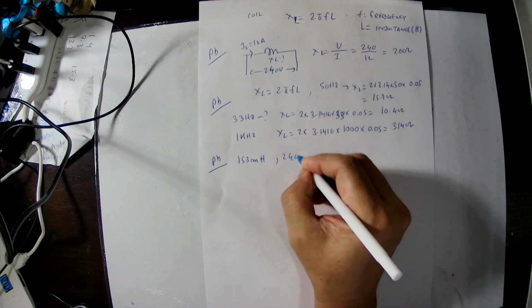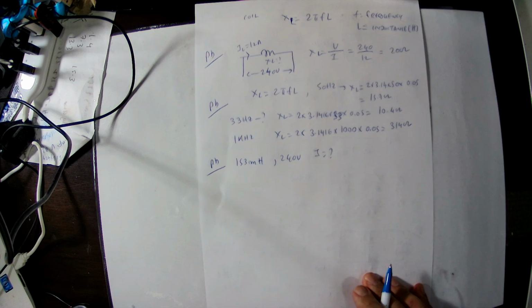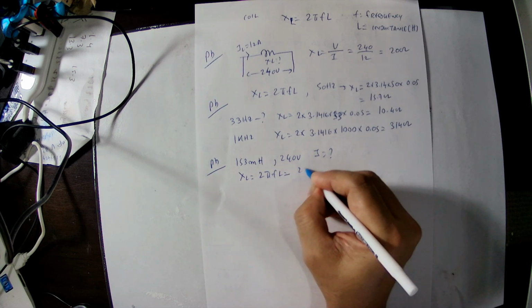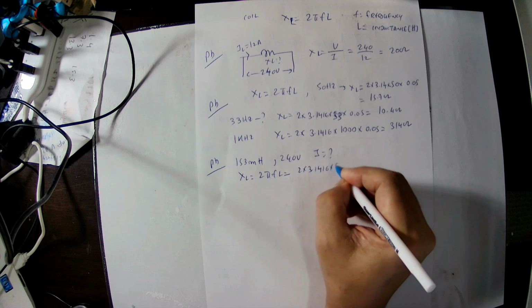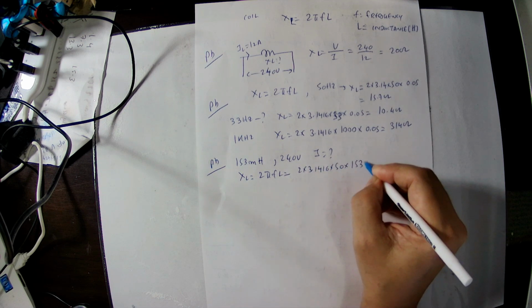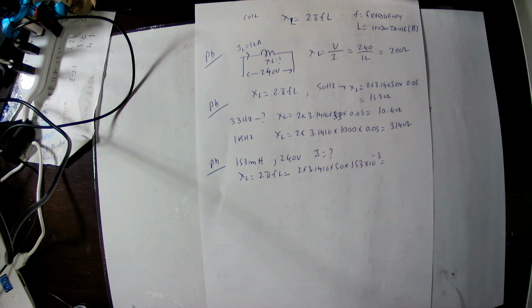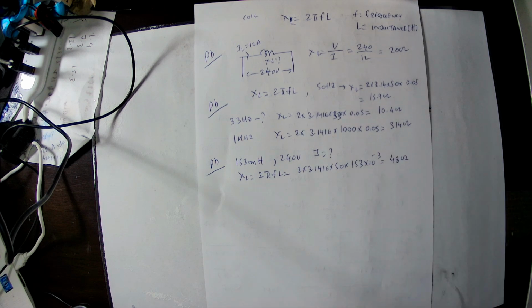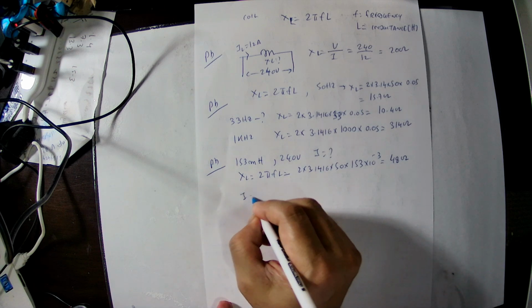So firstly, we have to calculate the XL. 2 pi f L: 2 into 3.1416 into 50, into 153 into 10 power minus 3. So this is 314 multiply 153 divided by 1000. So this is 48 ohm. Then we calculate the current I: 240 divided by 48 ohm, we get 5 ampere.